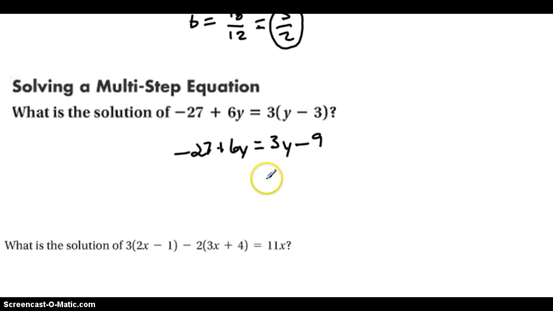Get all the y's on one side. All the constants on the other.